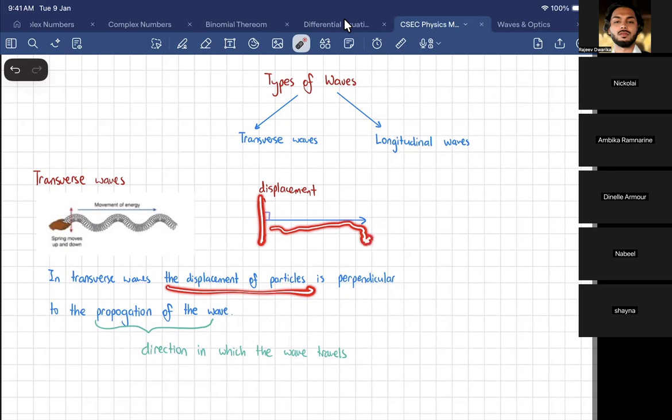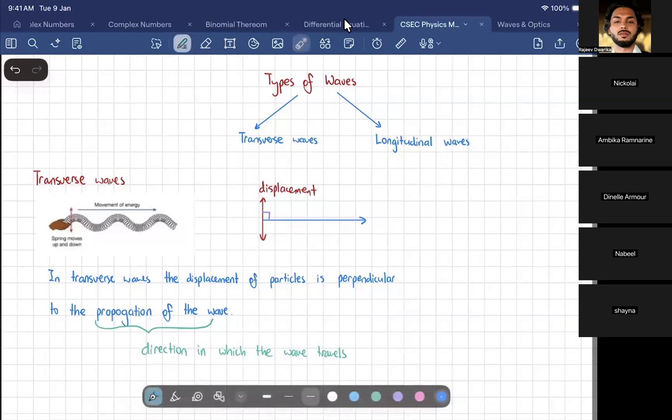Propagation. Yeah, the propagation, right? Because that's the direction in which the wave travels. And you can clearly see the perpendicular part. Perpendicular just means right at a right angle, 90 degrees.